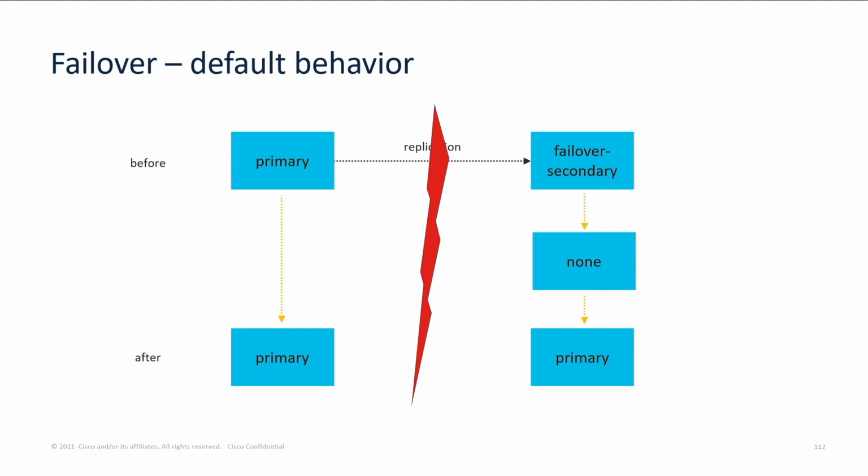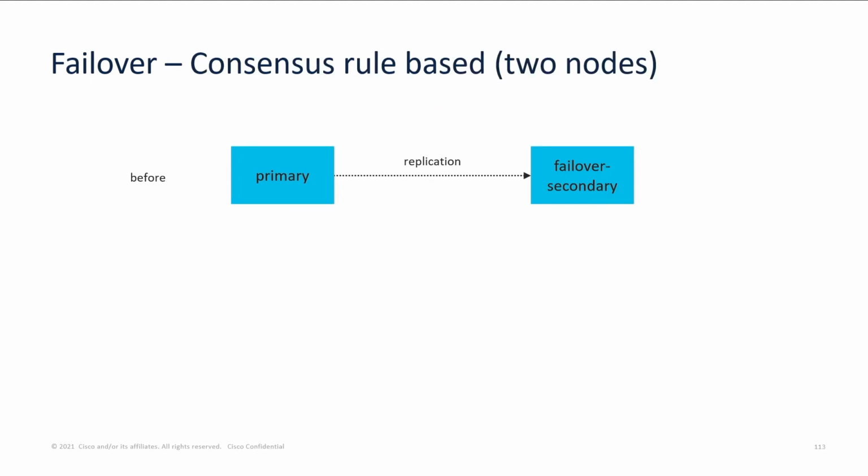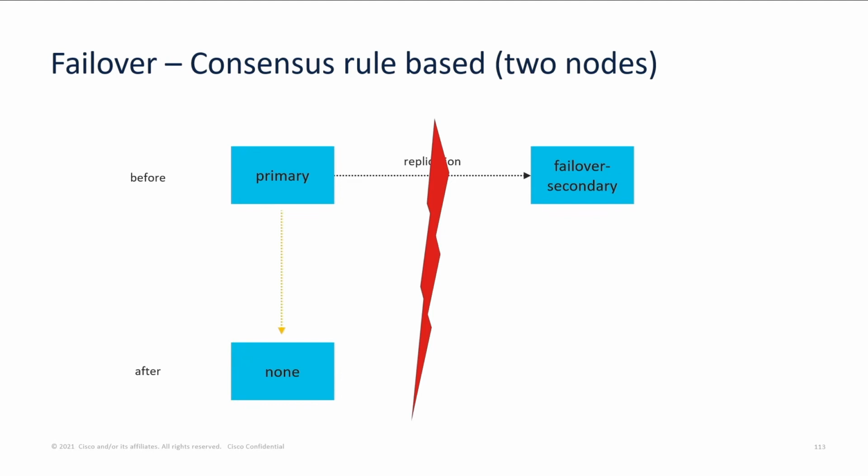So how did we then solve this with the rule-based consensus algorithm? This is an example where we have a network error with a two-node setup. We have a primary and a secondary set up with replication. There's a network error. This is where we have the first difference.